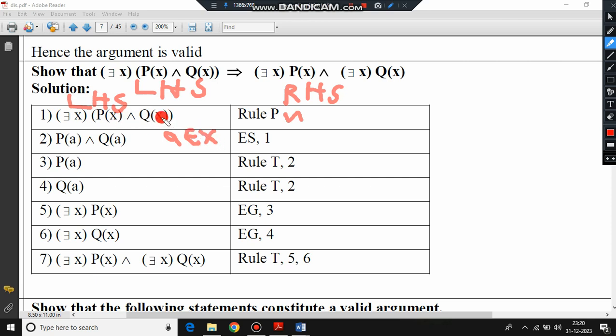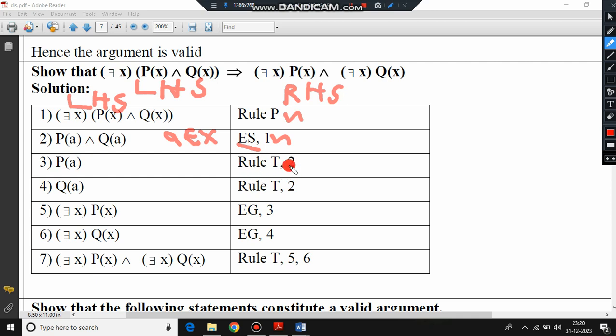So in that case, what do we get? This is an existential statement formula. We can specify a particular element a, and we get, by existential specification on step number 1, p of a and q of a. Now how does step number 3 come? From the tautological rule.